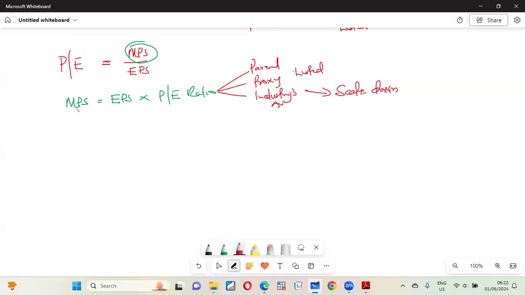Why do we scale it down? P/E ratio is about the profit. And for a private company, their internal control system is very poor, so the likelihood of manipulations in profit is very high.